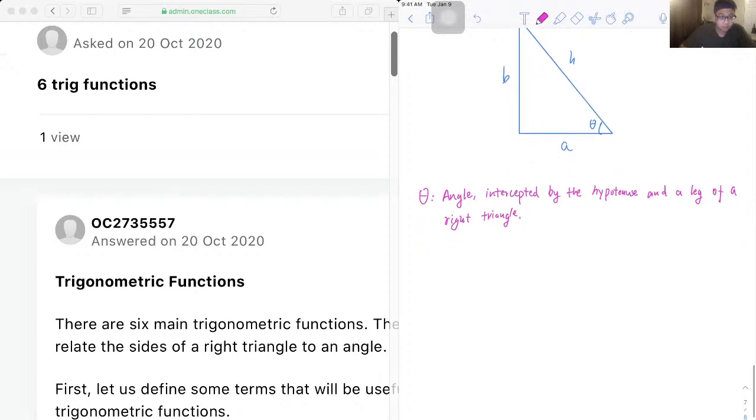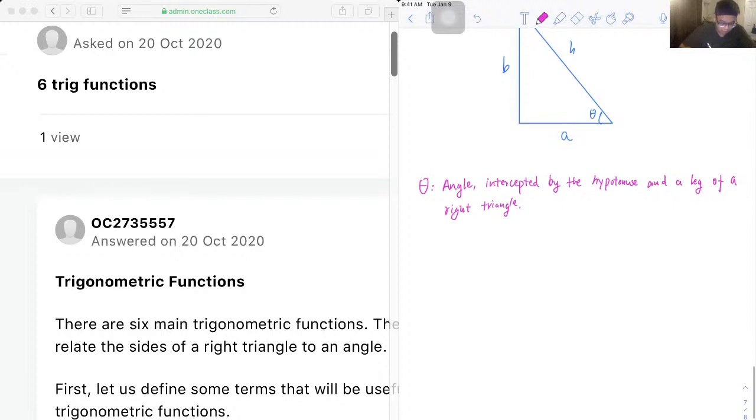And then we have our H, which is right here. We'll just talk about theta. So H represents the hypotenuse, which is the longest side of the right triangle.